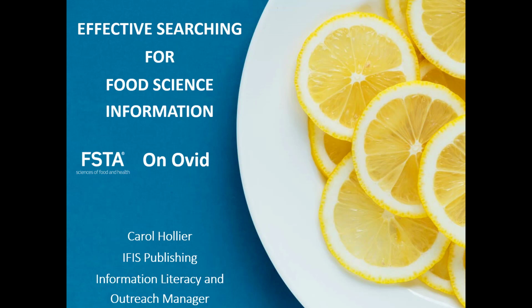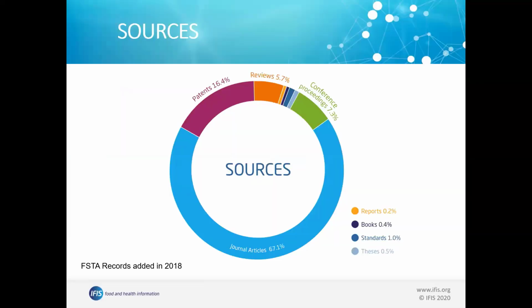So the database itself is devoted to food science and technology. And so it's got a lot of different sources in it, like any database. So the vast majority, as is the case with most databases, is journal articles. So you can see that in 2018, 67% of the content that we added or indexed in FSTA was research articles.